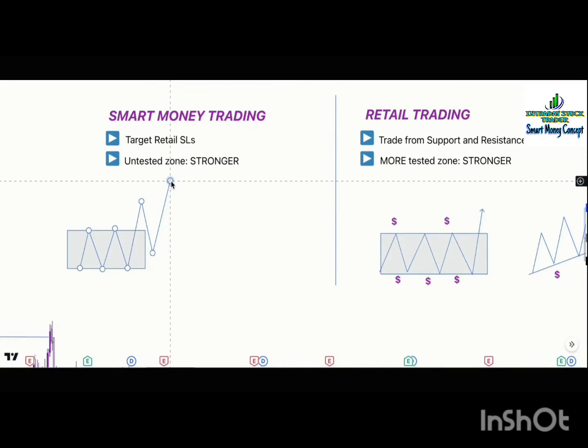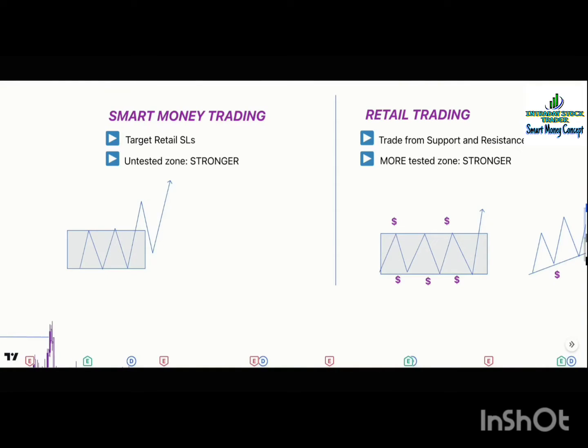So after this, you could understand that the price should go up and up. And distribution is just the opposite. After this distribution zone, the price shoots down. So these are the areas where the market movers place their orders, trap the retail traders, and make the market move according to their desired direction.